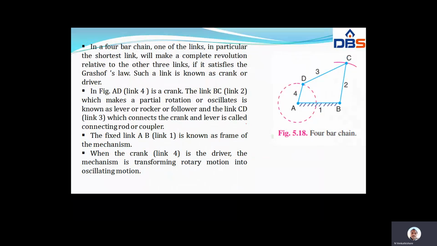An important consideration in designing a mechanism is to ensure that the input crank makes a complete revolution relative to the other links. See here what the crank is and what the remaining elements are. In a 4-bar chain, one of the links is a particularly short link, that is link 4, which will make a complete revolution relative to the remaining 3.